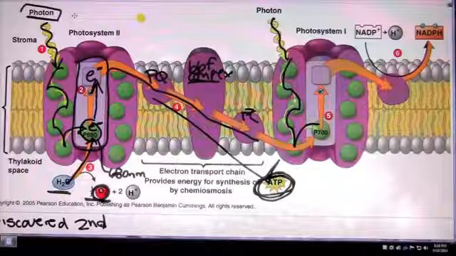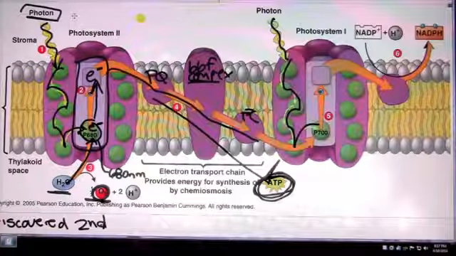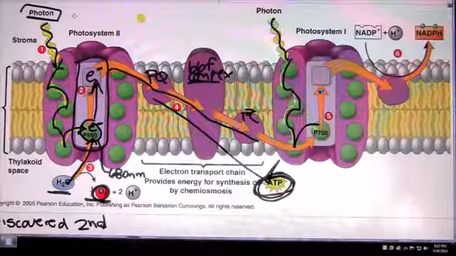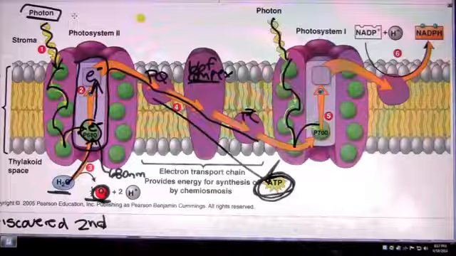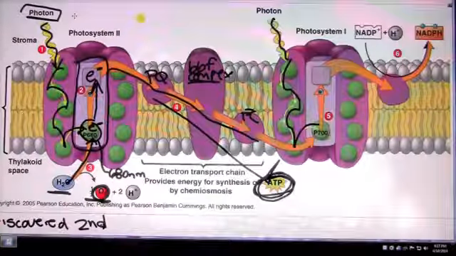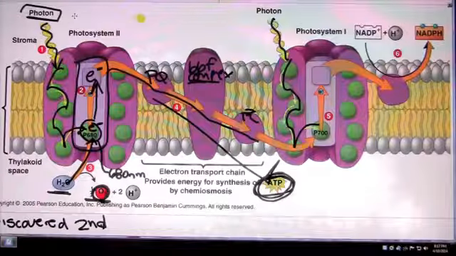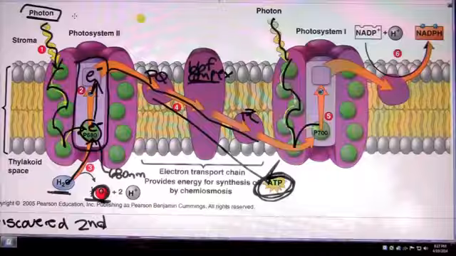P700 is named this because it absorbs light at 700 nanometers, where red light is absorbed. But for the whole process, photosystem 1 and photosystem 2, all light colors are absorbed except for green, which is why plants give off the green color that they have.